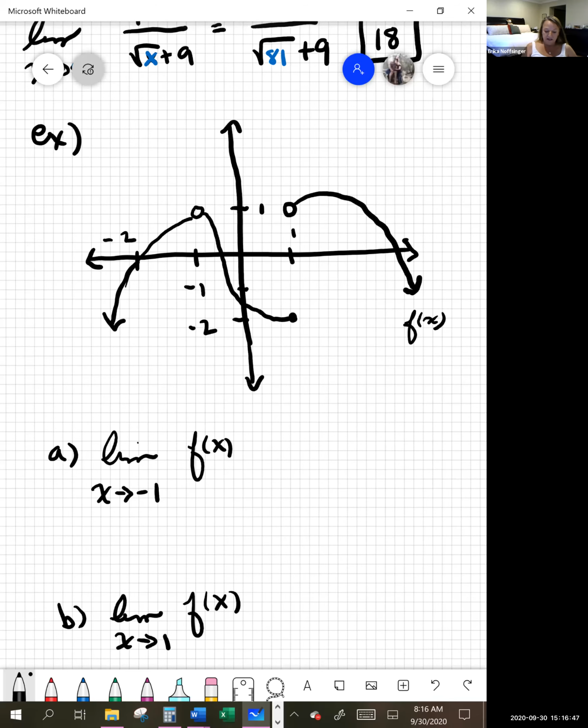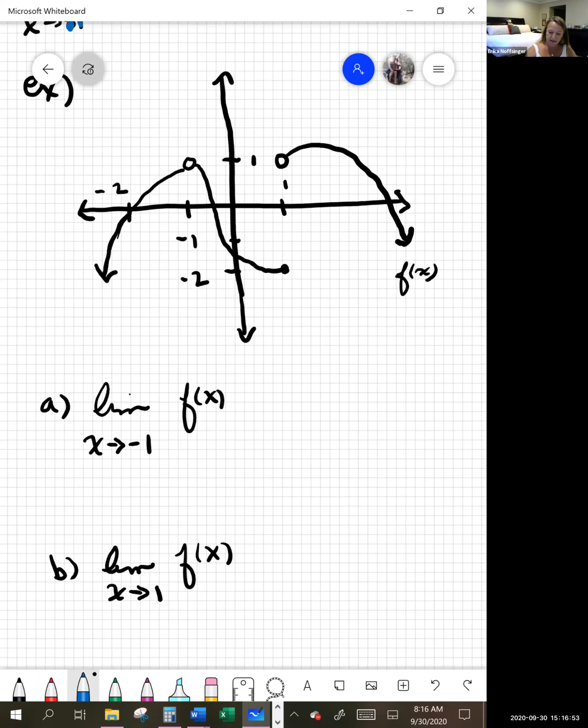To show that a limit exists, we want to show that the left-hand side is the same as the right-hand side. So as we're coming into -1, follow the graph on the left. We're looking at what y value we are getting closer and closer to as we get closer and closer to -1. We don't have to actually be there.